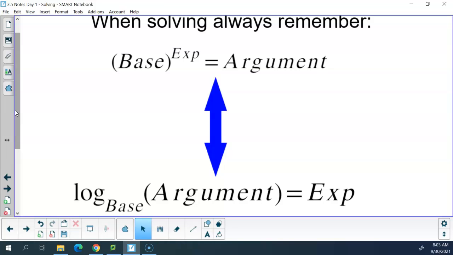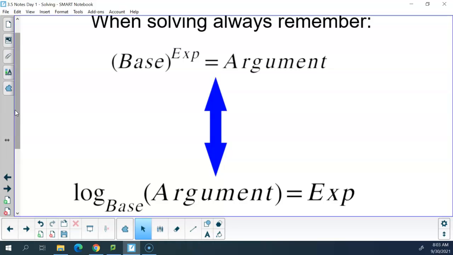The logarithmic form would be log of that same base of the argument equals the exponent. If you have a logarithmic equation, you have to put it in exponential form in order to solve it. They're inverse functions of one another. Exponential is an inverse of logarithmic.